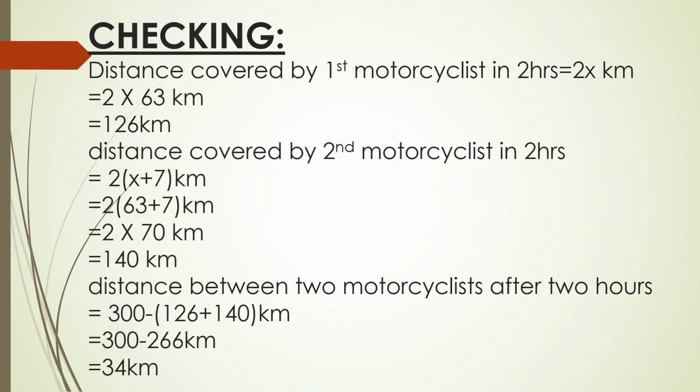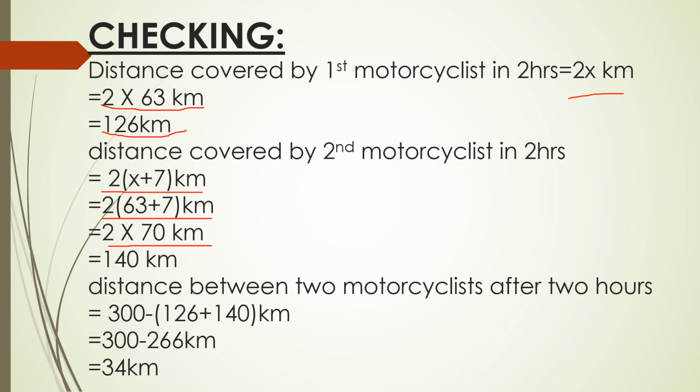Now checking: the distance covered by the first motorcyclist in 2 hours is 2x kilometer, that is 2 into 63 kilometer, which is 126 kilometer. The distance covered by the second motorcyclist in 2 hours is 2 into x plus 7 kilometer, 2 into 63 plus 7, that is 2 into 70 kilometer.